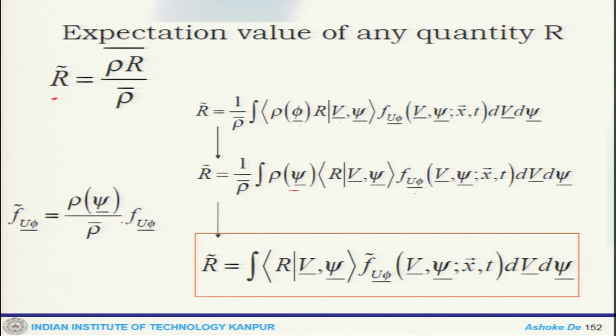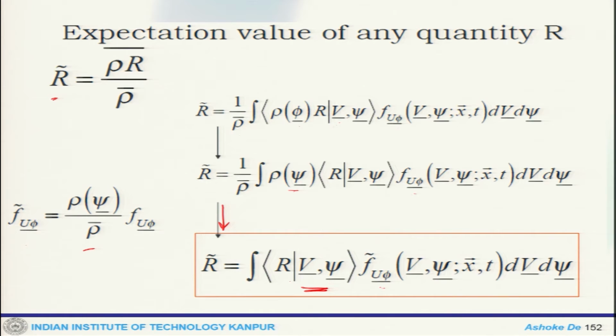And this velocity composition PDF, the density average, boils down to R conditioned at V and psi times the Favre mass density function, dV and d psi. So, this is where the density weighting helps to find the expectation value conditioned at V and psi.